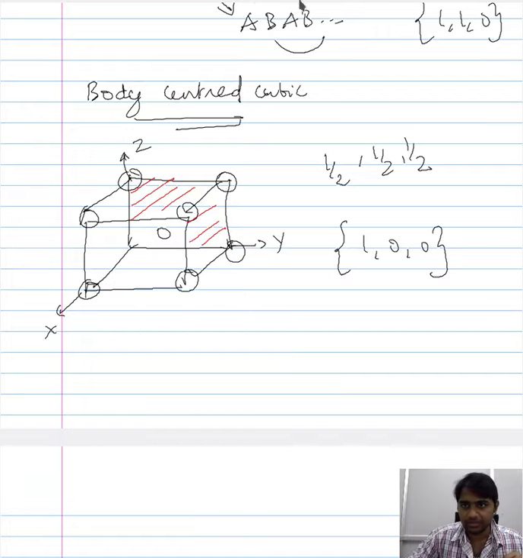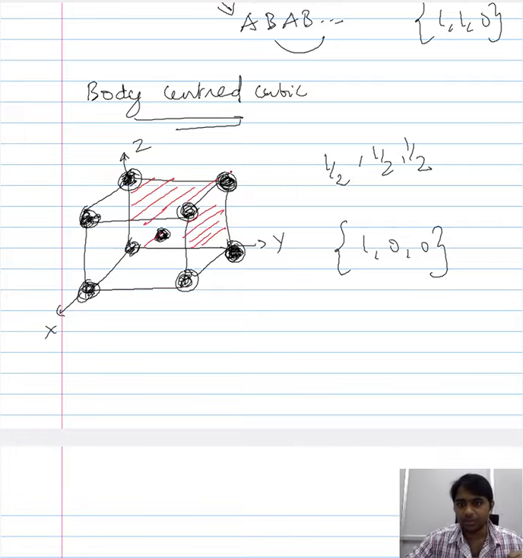Let me darken this here so that you are not confused between the atoms and the points. So you have your atoms here, there is the body centered atom, and these are the atoms that occupy the corners of the unit cell. And now we are largely focusing on the arrangement of atoms along the red plane.